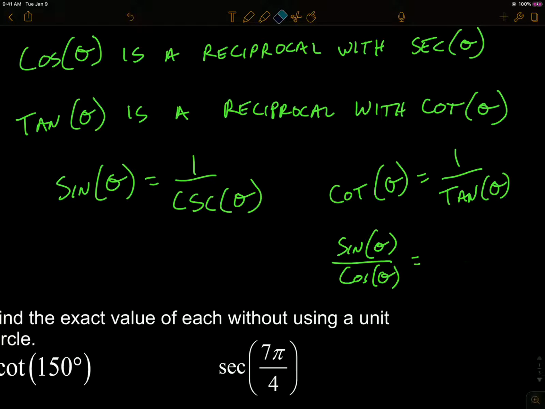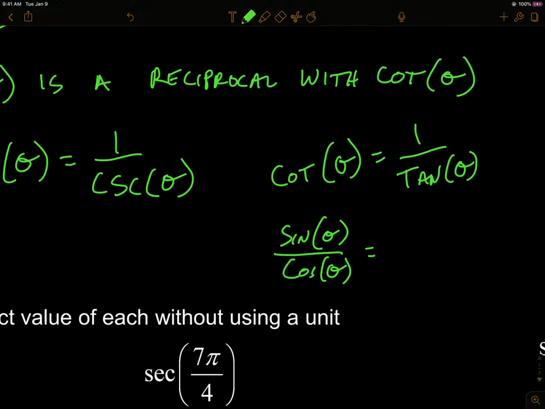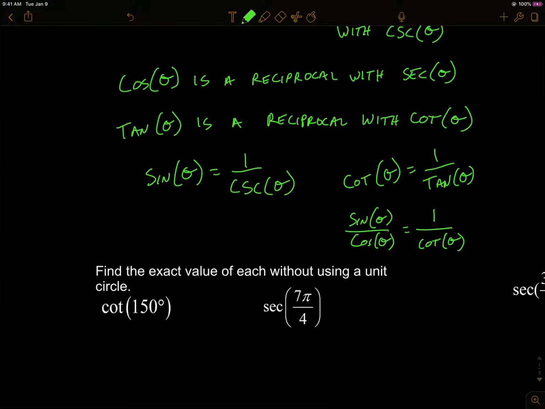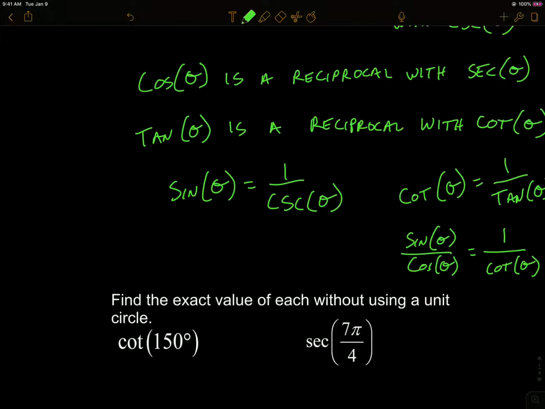It would be 1 over that, 1 over tangent, because that would be cosine over sine, and then 1 over cosine over sine would go back to sine over cosine.